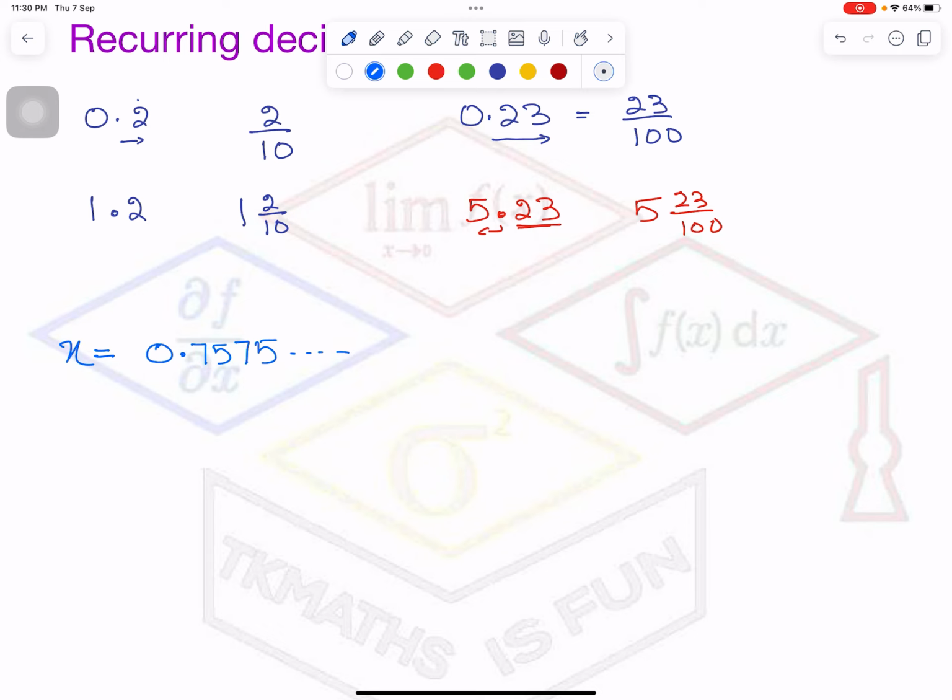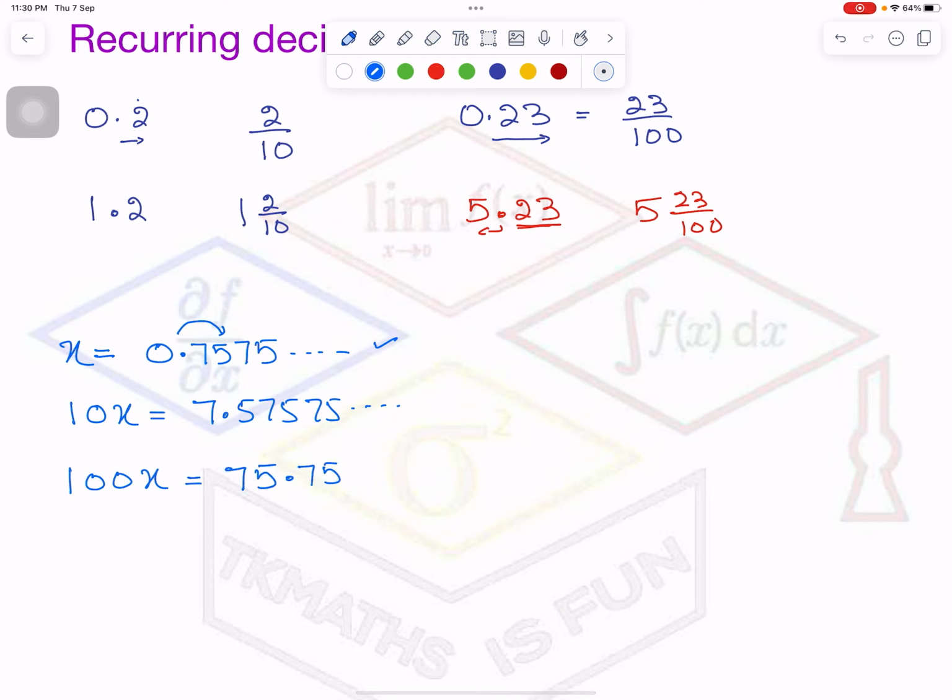Let me first multiply it by 10. If I multiply it by 10, this will become 7.57575 and so on. Now let me multiply x by 100. This decimal will jump 2 places to the right, so it will become 75.7575 and so on.